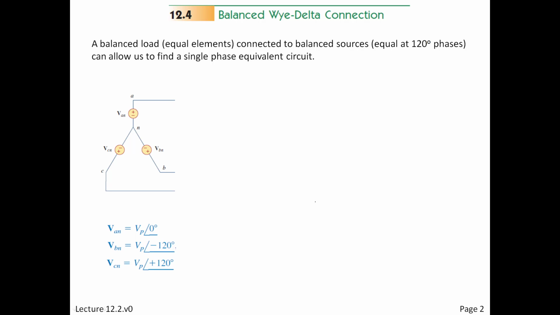Here are the three indicated in the picture. If we attach a load, and the load now is a delta load as opposed to a Y load, we see there are three currents, IA, IB, and IC, on the lines.